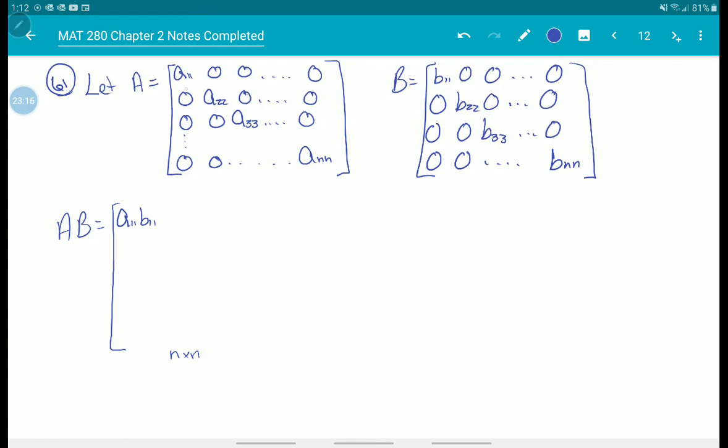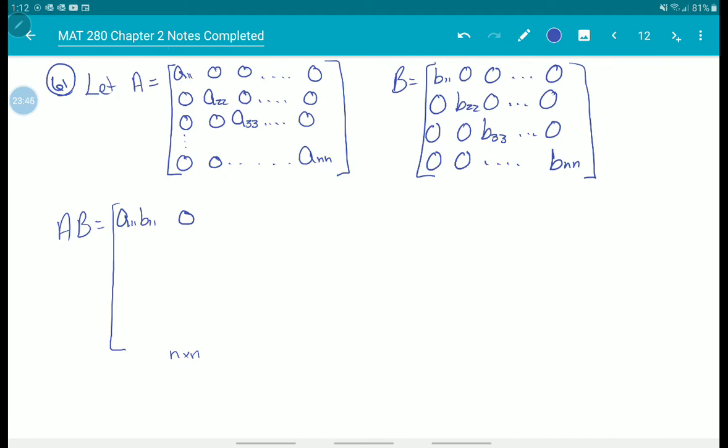So second entry is going to be first row, second column. So we're going to have A11 times 0, which is 0, plus 0 times 0, plus 0 times B22, which is 0, plus 0 times 0, plus 0 times 0. So you can kind of see the pattern that's going to come out there. So we're going to have a 0 there. That next entry is going to use that first row and that third column.